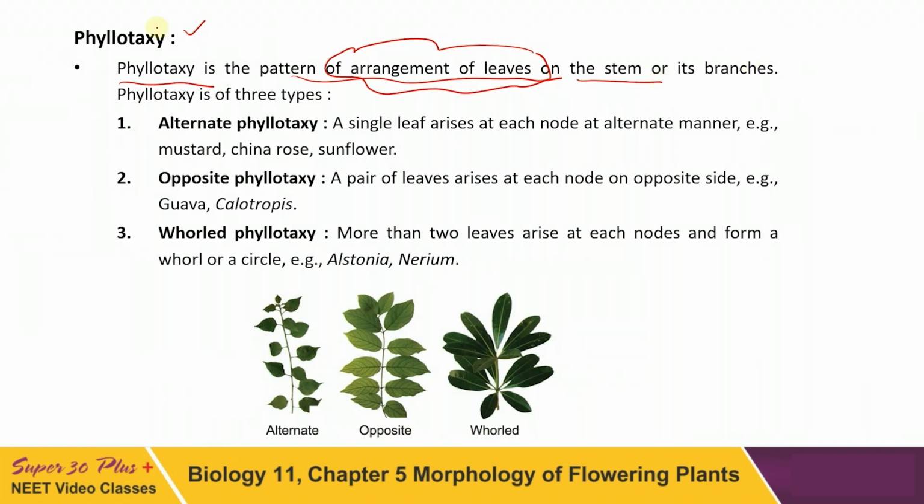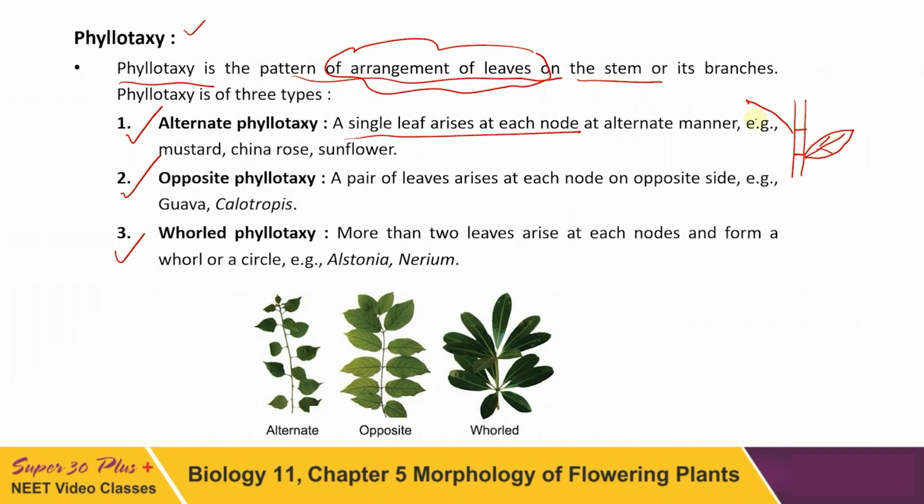Three important arrangements we have. One is alternate phyllotaxy, opposite phyllotaxy, and whorled phyllotaxy. As the name indicates, in alternate, a single leaf arises at each node. You see here, this is the stem, this is the node. One leaf arises in the right direction.